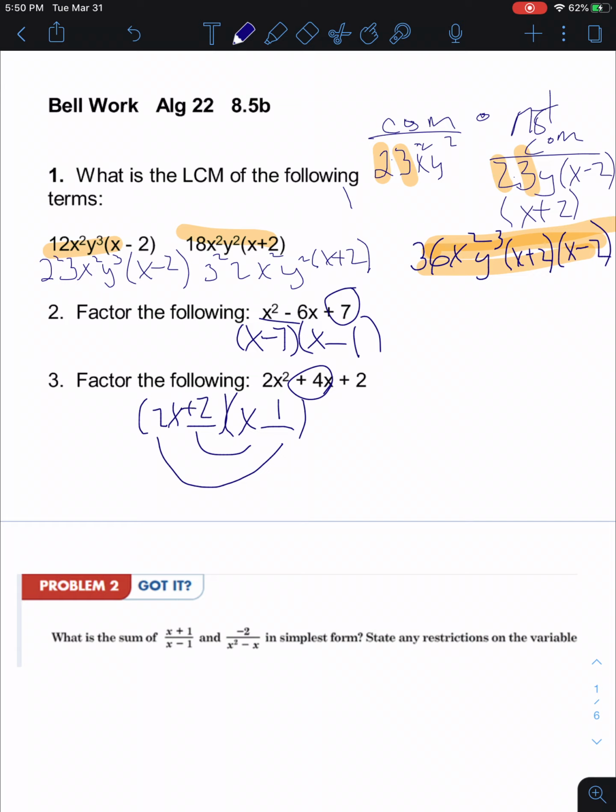They're both positives. And this would give me a product of 2x, and the outsides and the insides would give me a product of 2x, and when you add those together, you get 4x, and there it is. So my factored form would be 2x plus 2 times x plus 1. And there's my factored form.